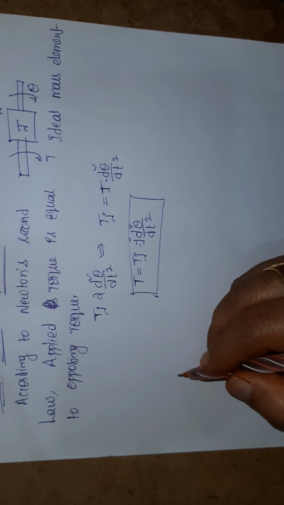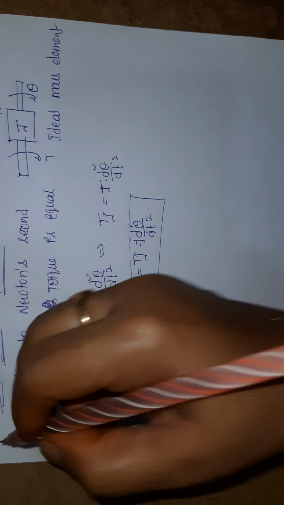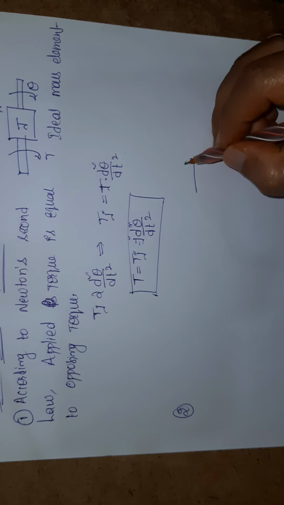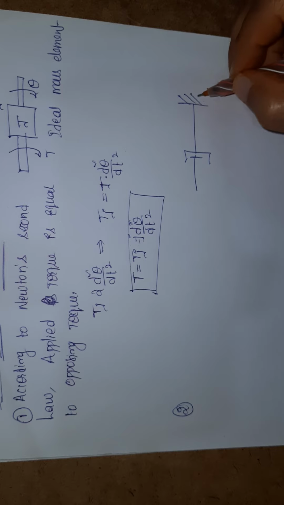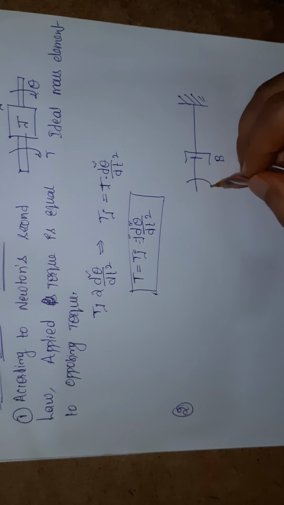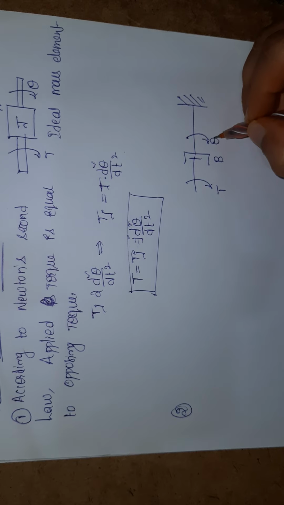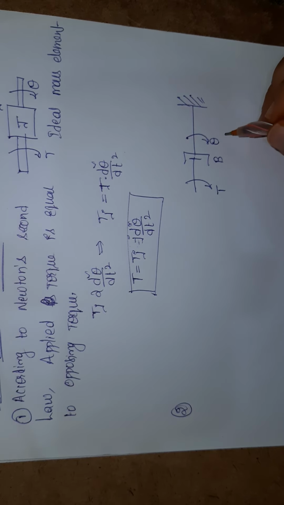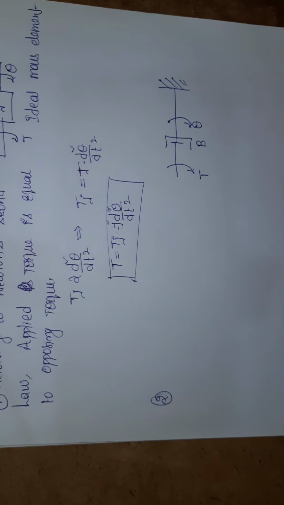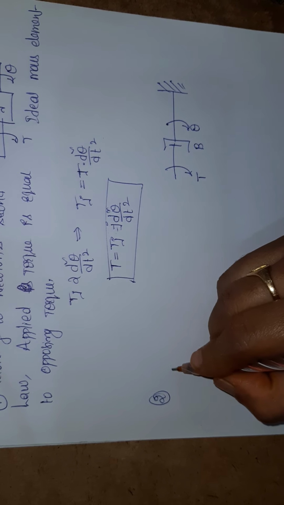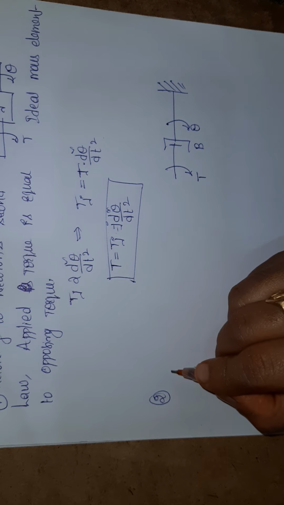Next, we have to consider the torque balance equation for the ideal dashpot. This is the ideal dashpot. I am applying the torque here, so that it will have angular displacement theta. According to Newton's second law, here applied torque is equal to opposing torque.